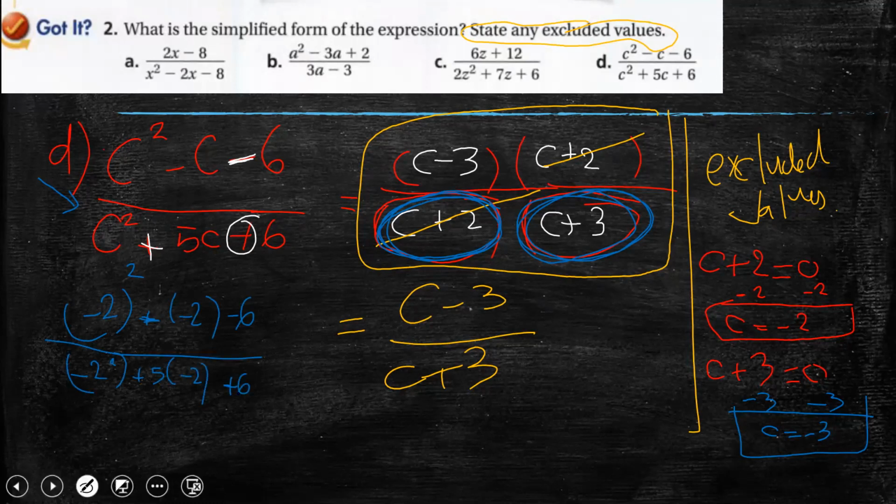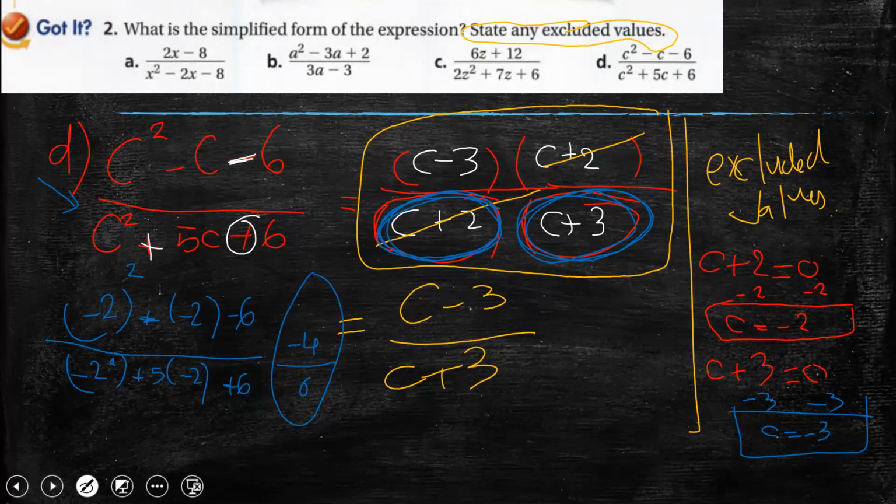Negative 2 squared is 4, plus 2 is 6, minus 6 is 0. Actually in the denominator, 4 minus 10 is negative 6, plus 6 is 0. So after you evaluate it, the fraction is a number over 0, so it's undefined. So the values that make these expressions undefined are two values, negative 2 and negative 3.